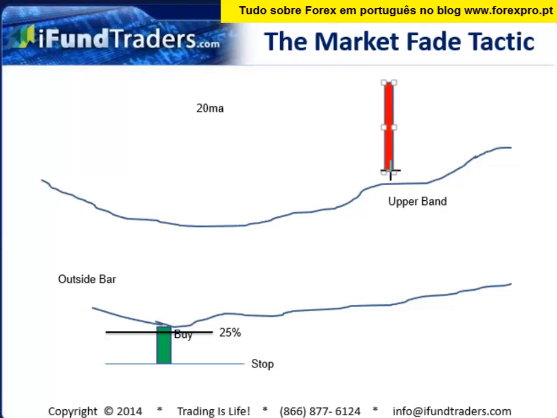Let's say the outside bar is like this. It's not really big. In which case, I don't want to start squinting my eyes: where's the 25% mark? No, no, no. If the bar is small and it's completely outside, we use the 100% level.